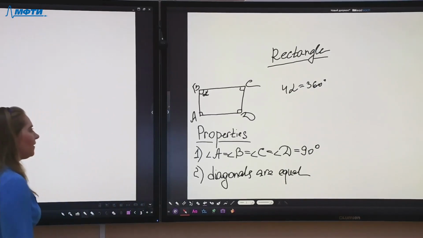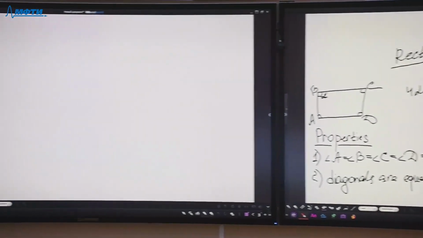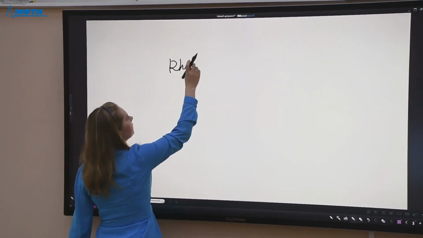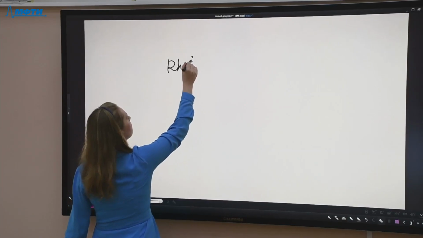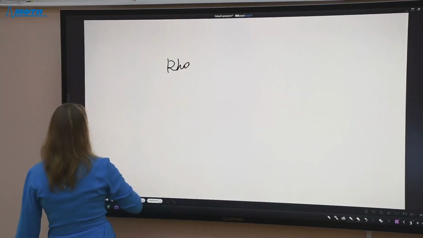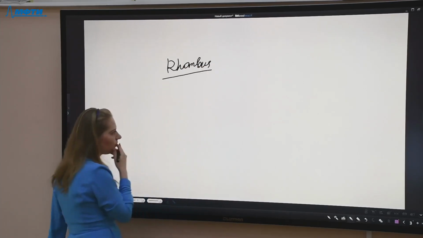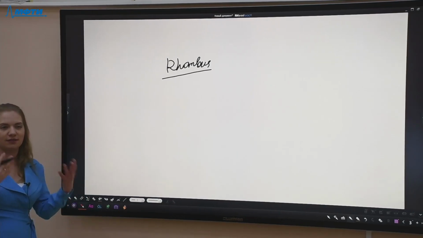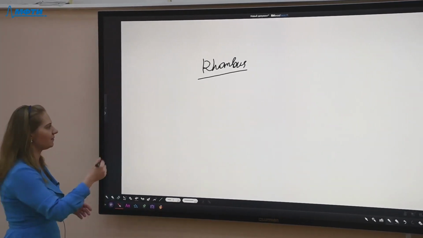Well, the next special kind of parallelograms is a rhombus. If a rectangle is a parallelogram with congruent angles, a rhombus is a parallelogram with congruent sides.